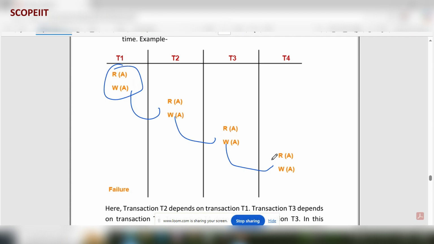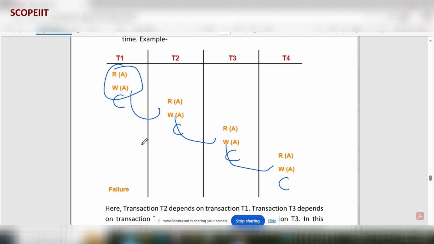Now, what is the solution of that one? Just think once. For example, if I write commit after each transaction, that means your data is permanently saved now, so you cannot roll back. Got it? So if I write commit everywhere, then this problem can be solved. So this is nothing but known as a cascadeless schedule.